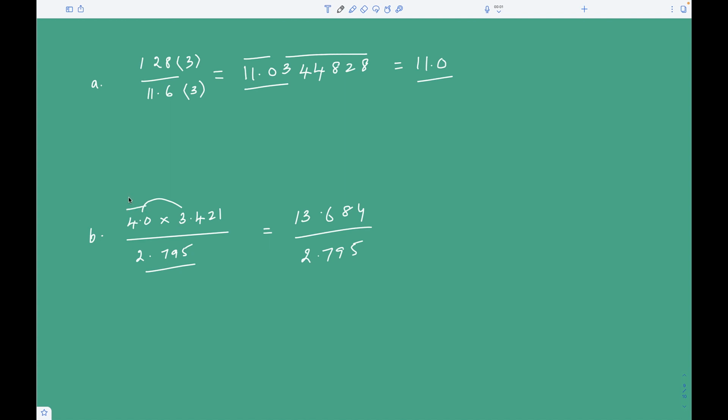See, in this term, there are 2 significant figures, and in this, there are 4. So this is the limiting term. So this intermediate result must contain only 2 significant figures. To indicate that, I have drawn a bar on top of these 2 digits. But I am using the entire unrounded result for calculation in the next step.